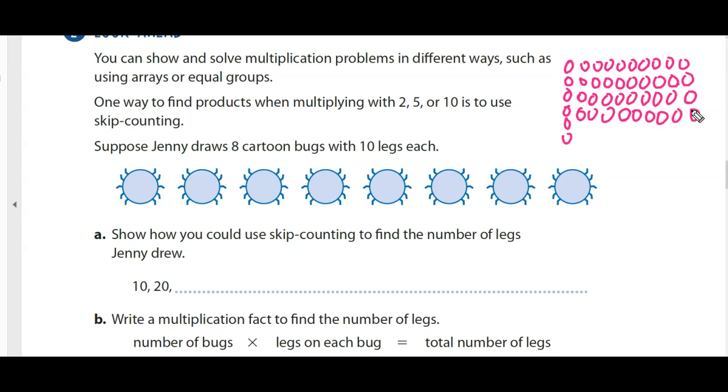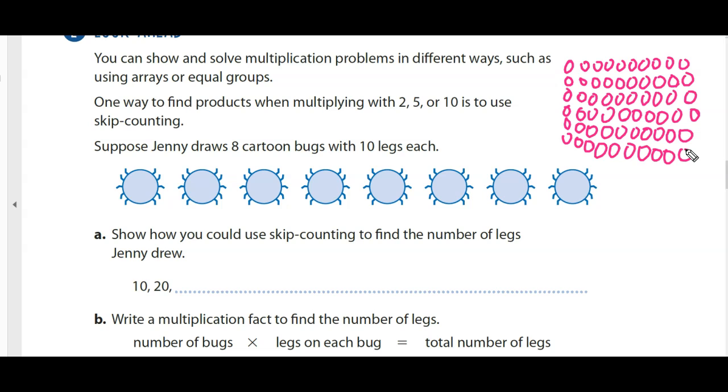There's a point to this. That took forever, didn't it? Or I can just count by tens 6 times all the way to 60. You can do equal groups, which we did previously.